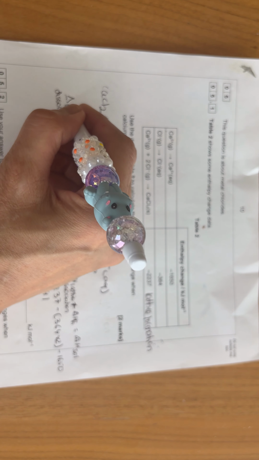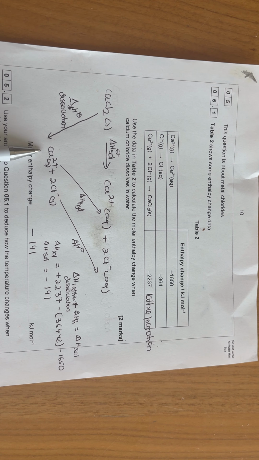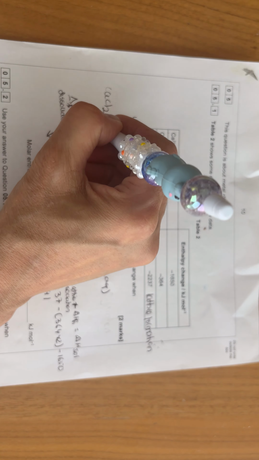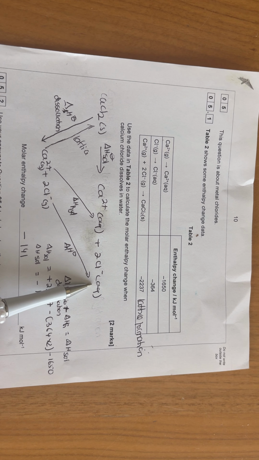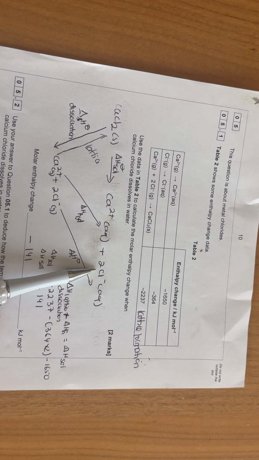That's the enthalpy change of solution, and lattice is the other way around. Then you have the enthalpy change of hydration of calcium 2 plus, and the hydration of chloride.